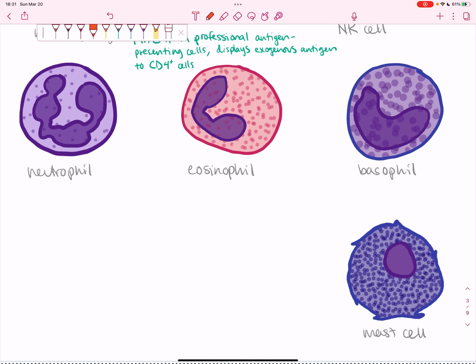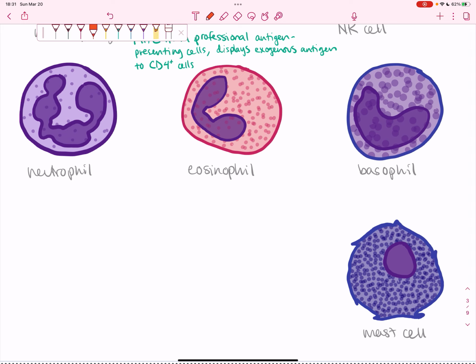So, neutrophils. Neutrophils ingest bacteria, so they're phagocytic, particularly opsonized bacteria. Opsonization just means they've been marked with antibodies from B cells. We'll get into that later. They can follow bacteria using chemotaxis, which just means they navigate via chemical stimuli.